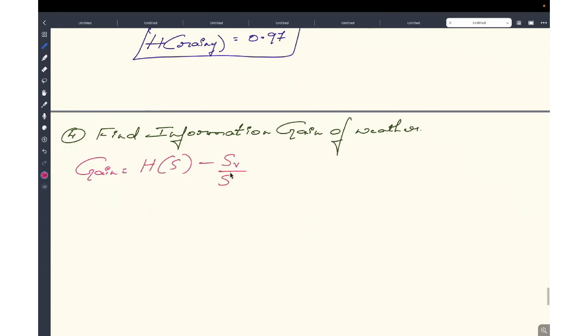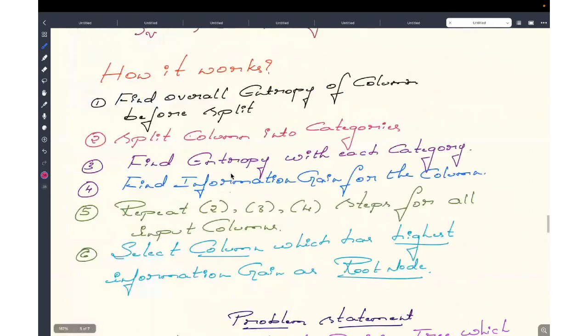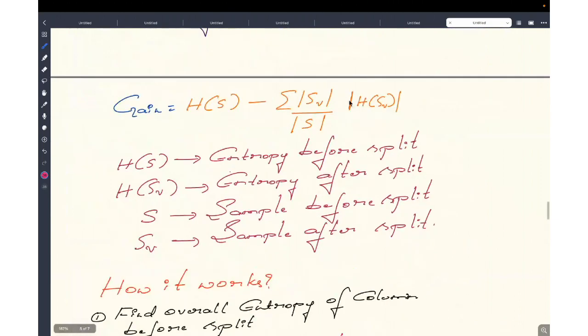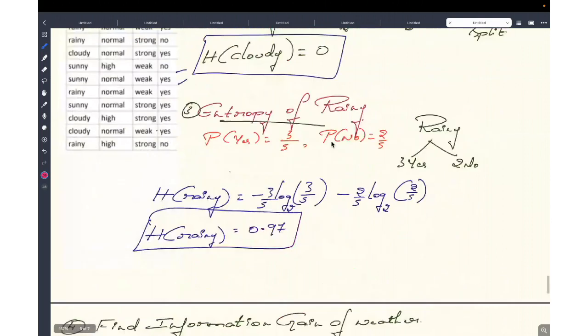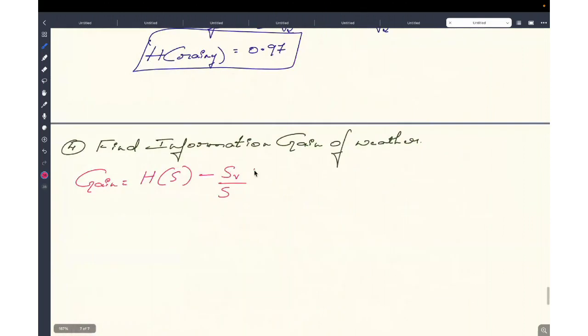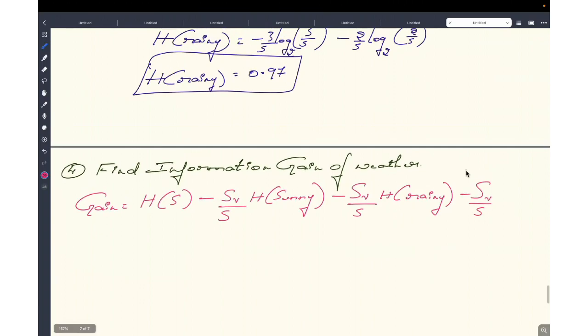Let me see the formula once. I'm using this for every category. The first category is Sunny: samples related to Sunny into entropy of Sunny, minus samples related to Rainy into H of Rainy, minus samples related to Cloudy into entropy of Cloudy.